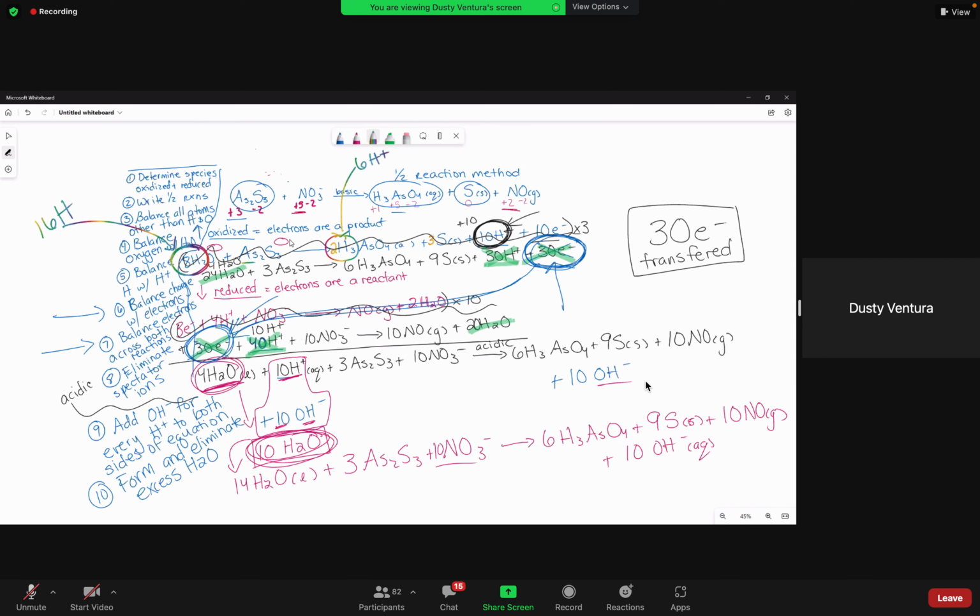So you don't really calculate them, you arrive at them by balancing your charges. And then on the top reaction, I had 10 electrons on the right, and on the bottom, I had 3 electrons on the left, and then you need those to balance each other. So I had to multiply the bottom times 10 and the top times 3. And so that gives me a total of 30 electrons.